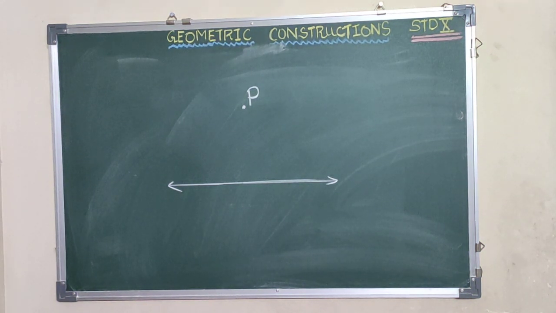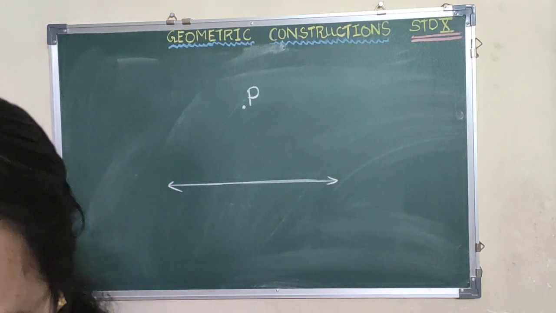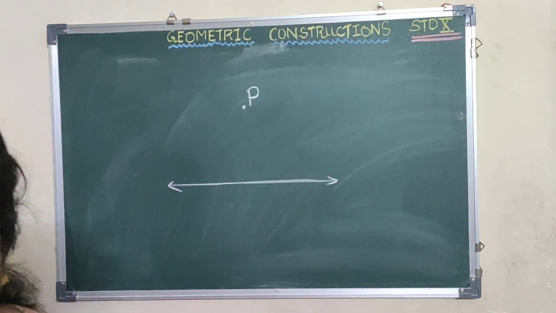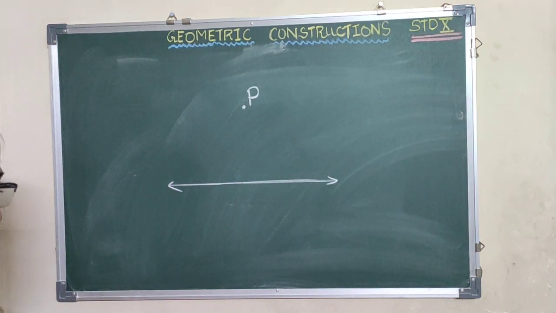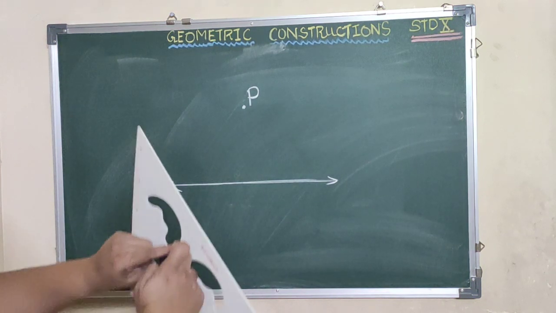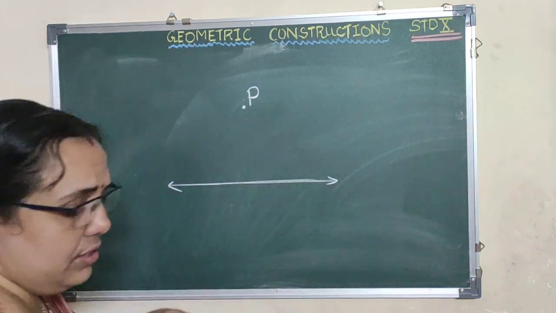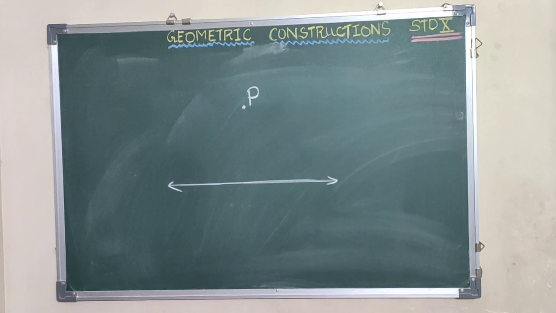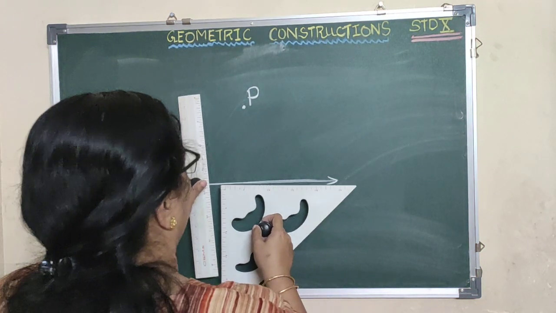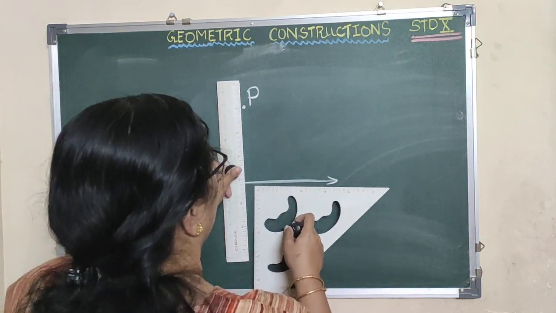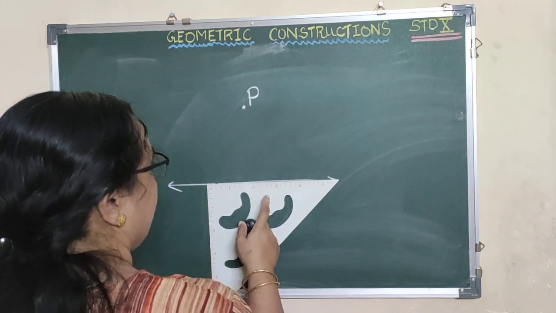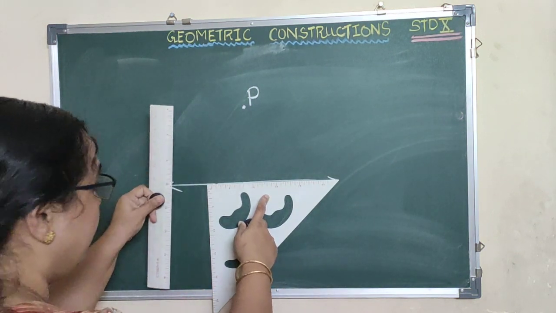I can use compass, I can use set square. There are various methods. I can use a protractor. So what you can do is, basically we will be using a set square. First keep the set square along the line.